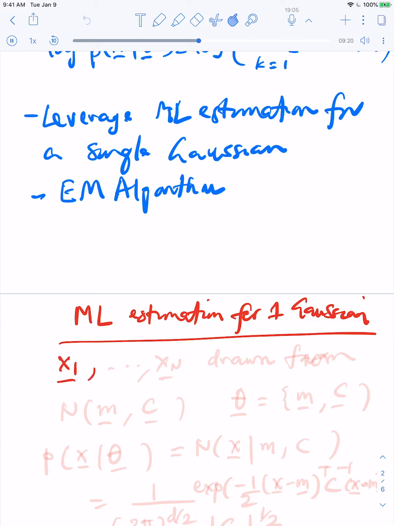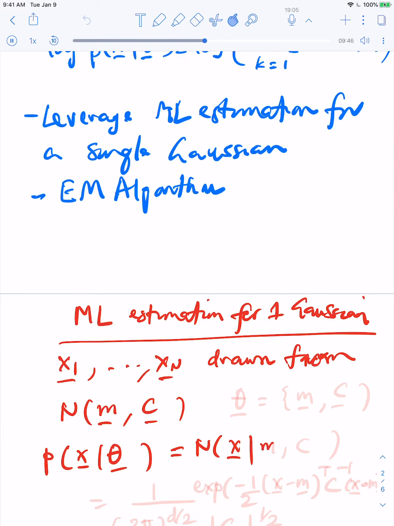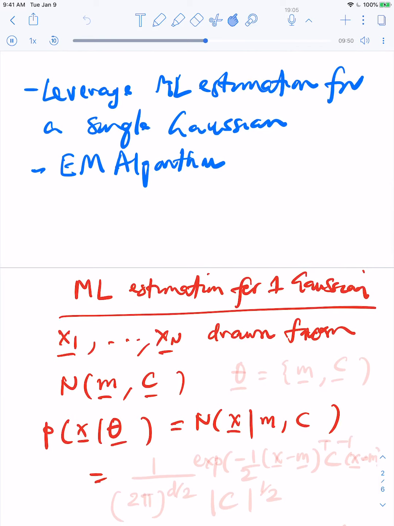Our assumption here is that the data points x1 through xn are drawn from a Gaussian distribution with unknown mean and covariance, which means that for a generic data point, the density is this Gaussian density that we know as 1 over (2 pi) to the d over 2, the determinant of the covariance to the power of half, and then the exponential of minus half (x minus m) transpose C inverse (x minus m).